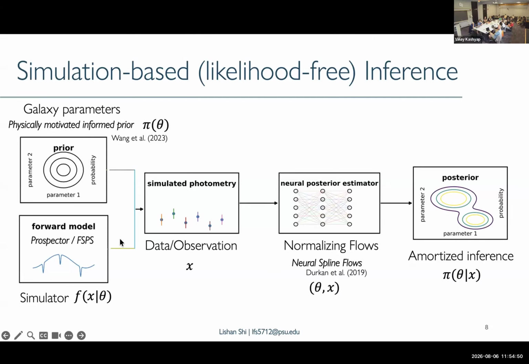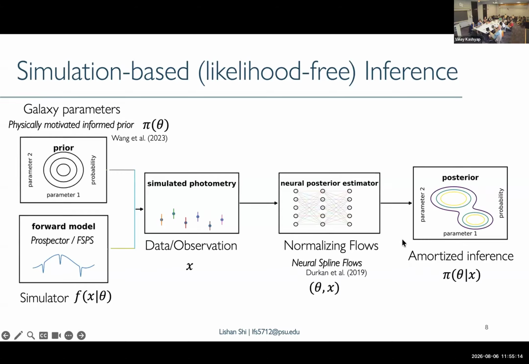The observations are generated through the simulator, which is Prospector with FSPS. As I mentioned, we think this is a very physical model, and it has been studied for a very long time in astronomy.